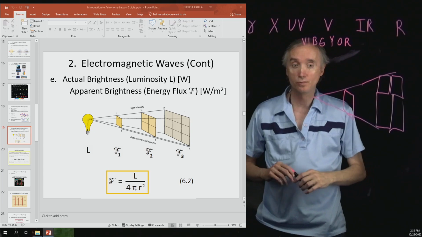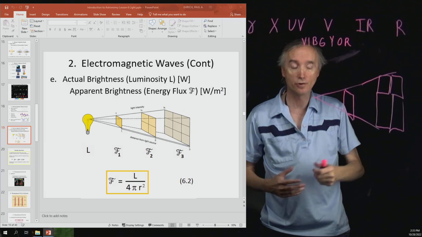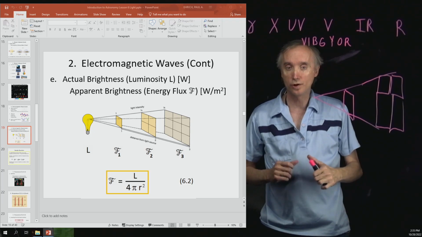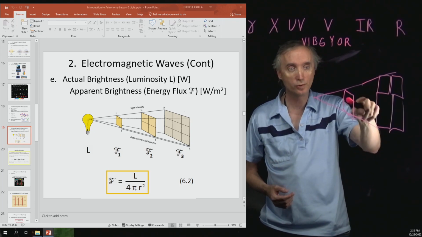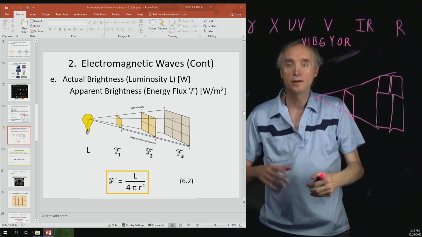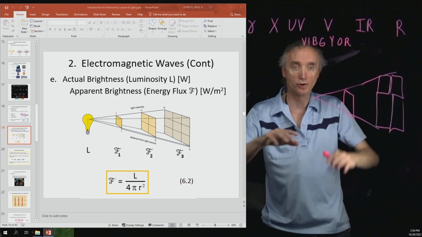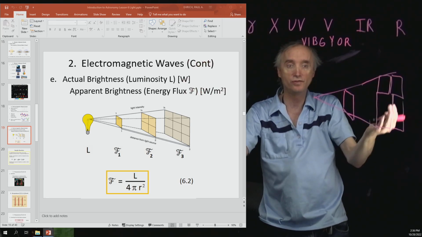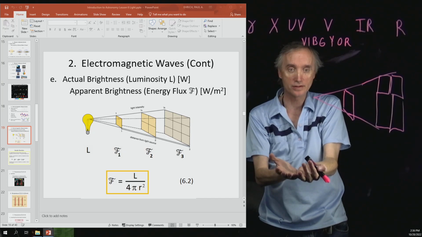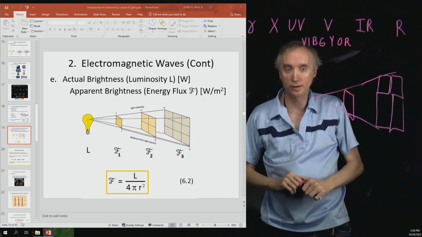So that's the reason it's getting dimmer: the energy is being spread out over a larger area. Well, what do we mean by area? This would be length times width. But actually the light coming from that light bulb is going in a sphere, and that sphere gets bigger and bigger the further away from the light bulb it gets.